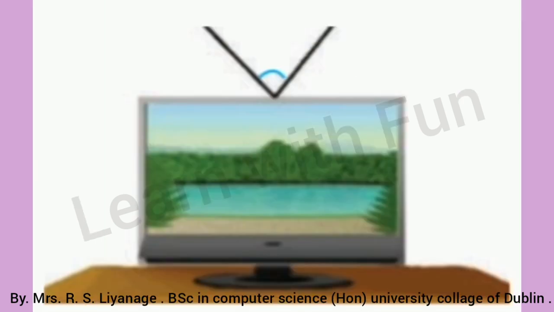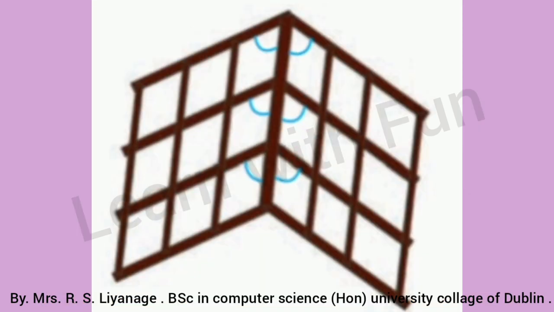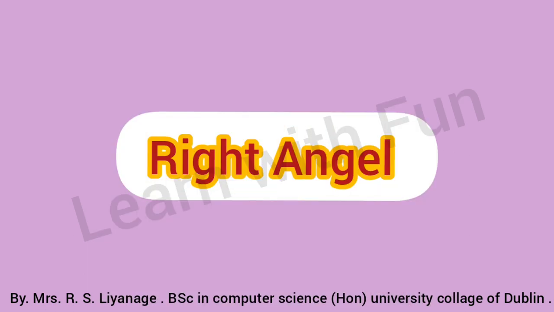The angle between the two arms of a TV antenna. Also, we can see angles between the wood beams of a roof. The right angle. What is this right angle?